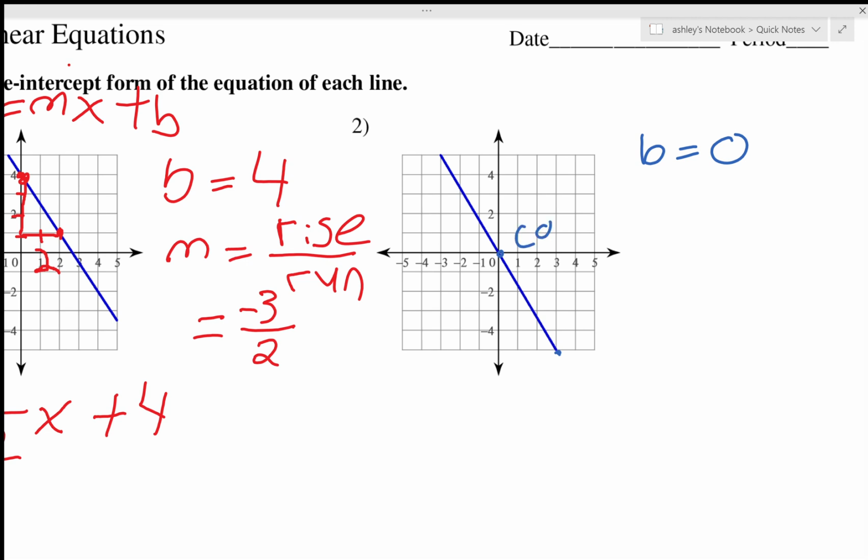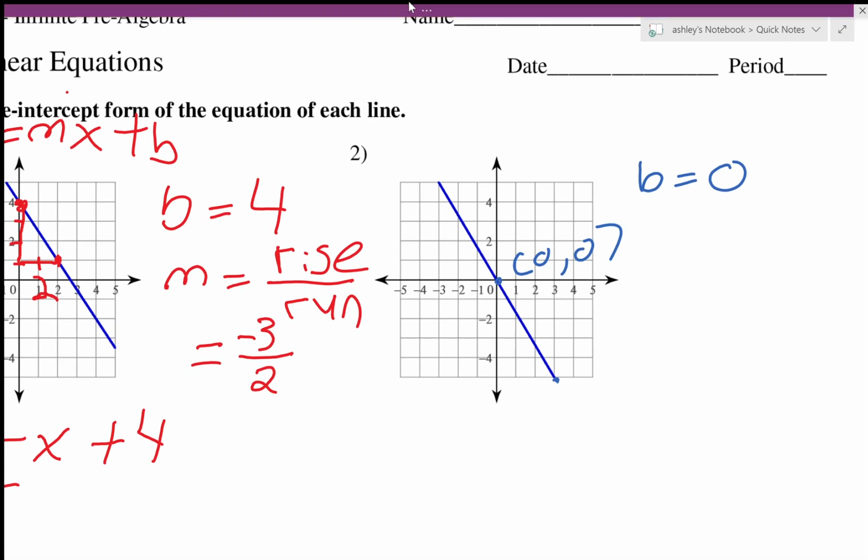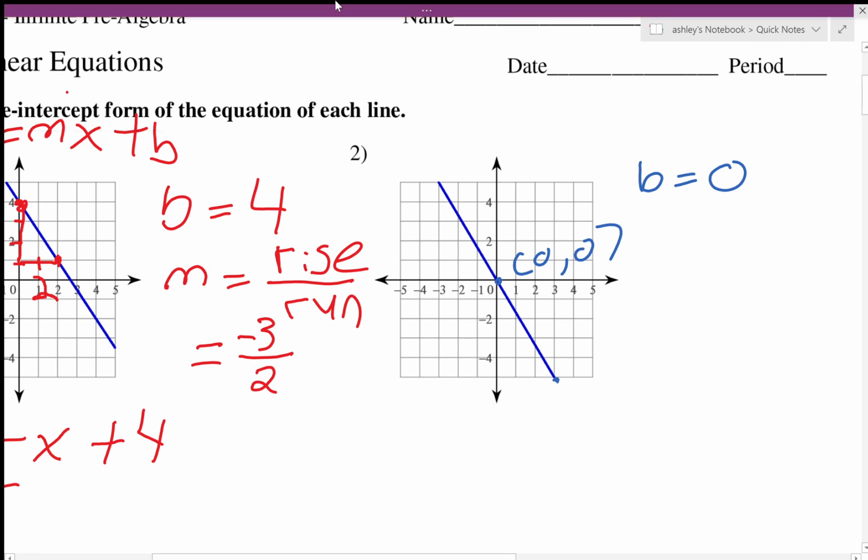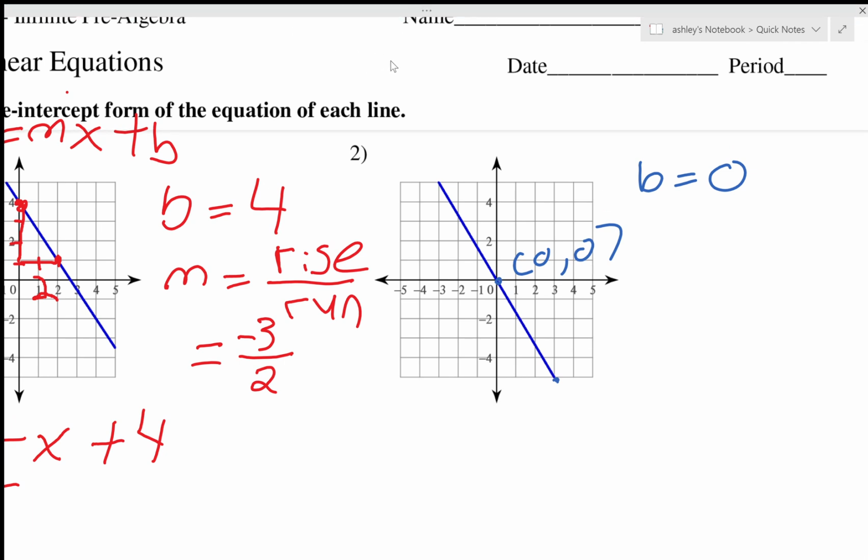This right now is a point 0, 0. And then this would be the point, x is 3. 1, 2, 3. And then -5. So 3, -5. If I want to find slope the other way, and again, remember, you can choose the way that you prefer.